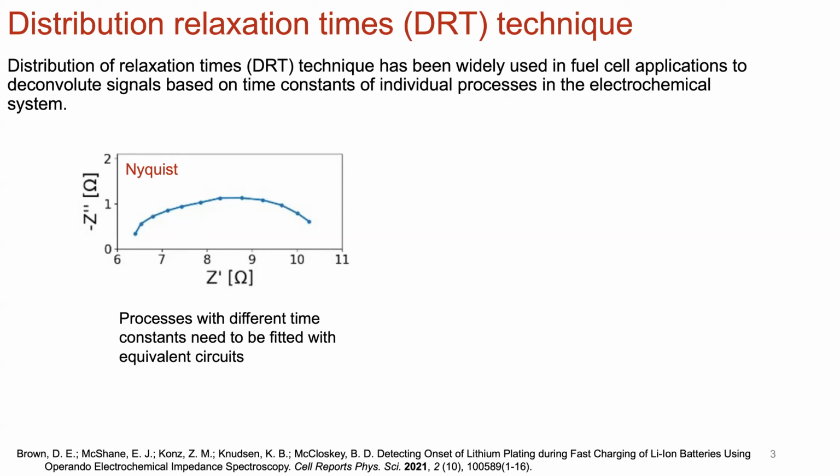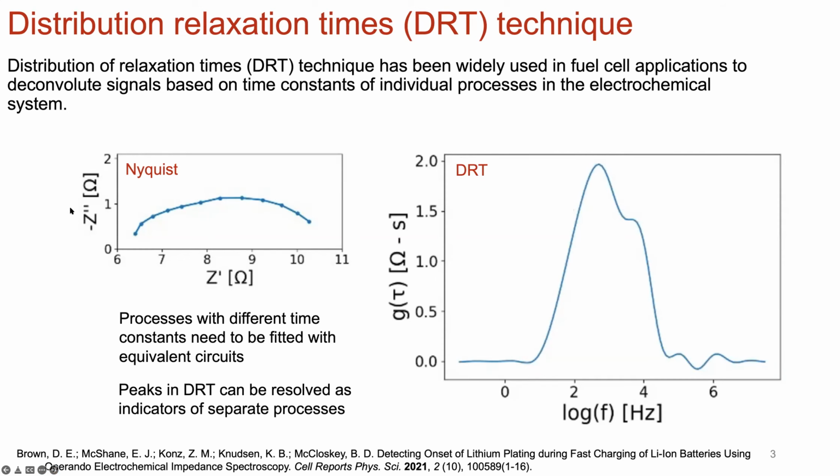But more fundamentally, DRT allows you to have higher resolution and also be able to interpret the impedance data better. Okay, so the Nyquist plots that you're used to seeing, when there are multiple processes happening, that means there are multiple time constants. And so you see this depression in the semicircle away from the ideality, which is just a nice semicircle.